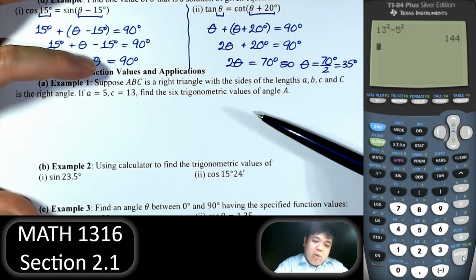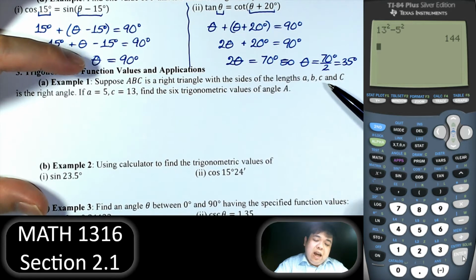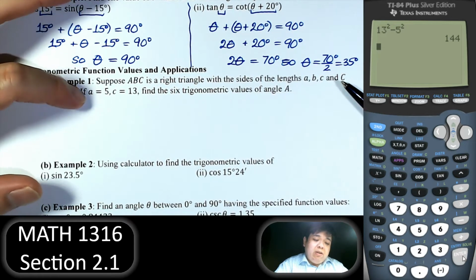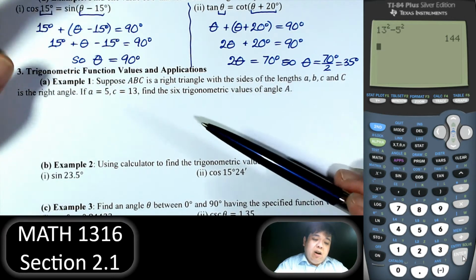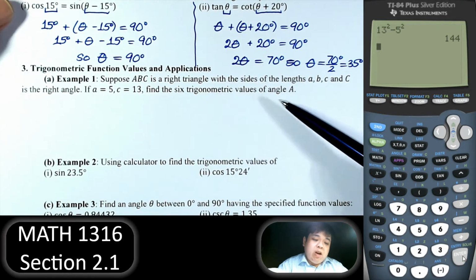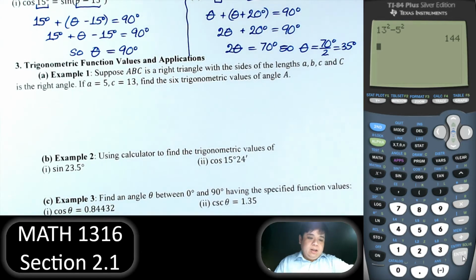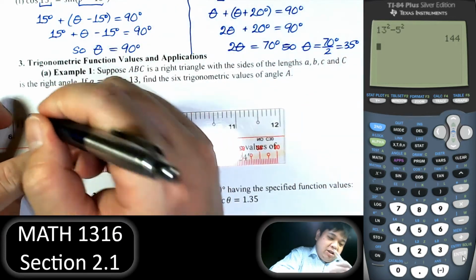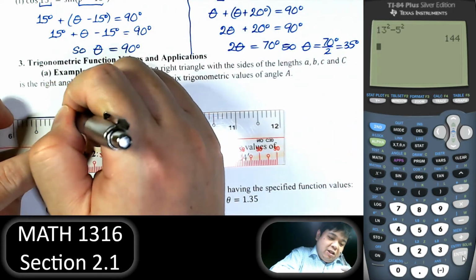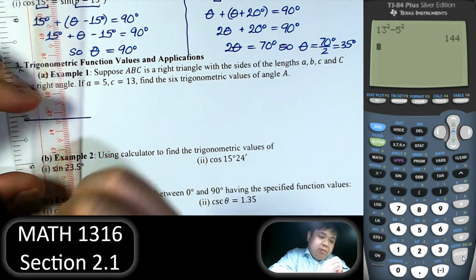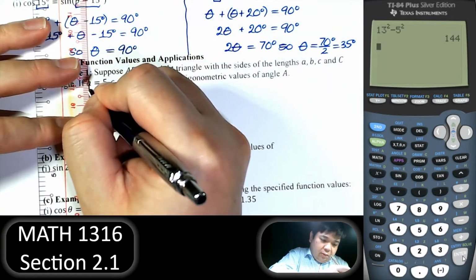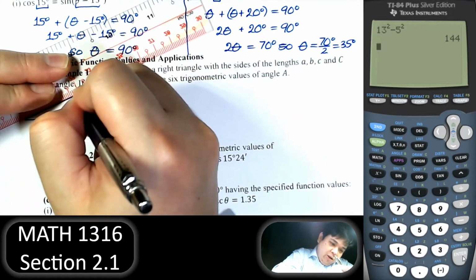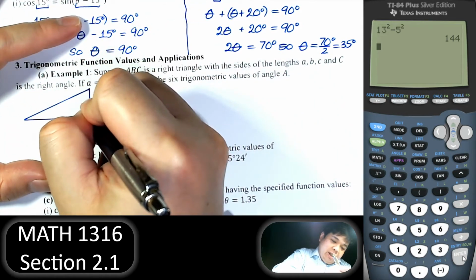Now let's do some more problems. Suppose a right triangle with sides of length a, b, c, and the right angle is at C. If a is 5 and c is 13, write all the 6 trigonometric function values for A. So let's just draw a right triangle in general. It doesn't have to be to scale or anything.